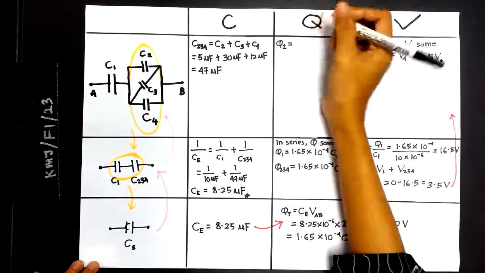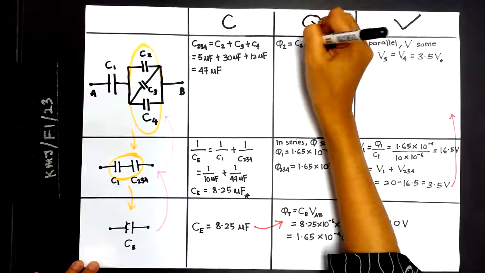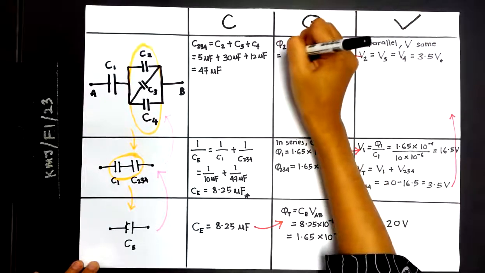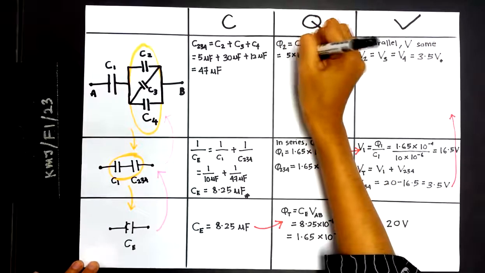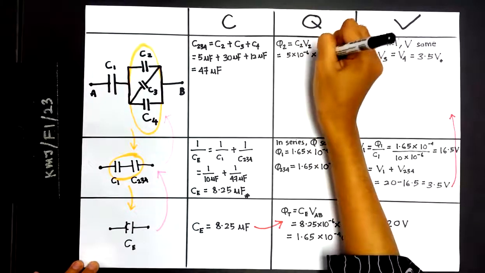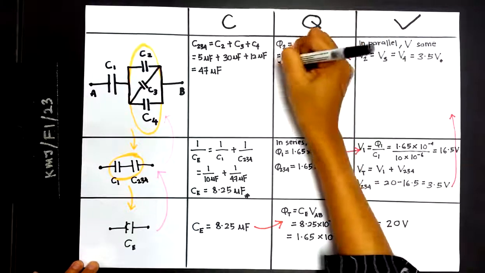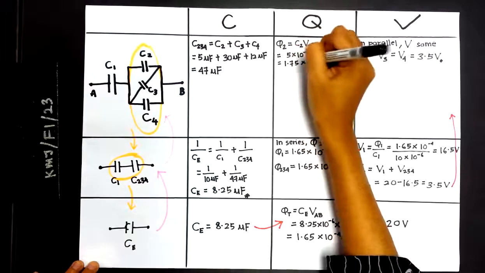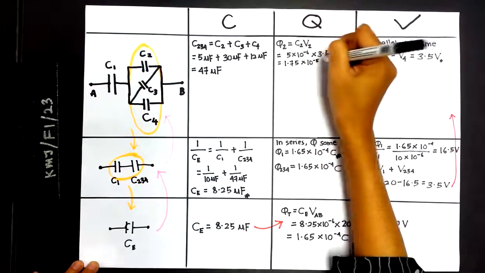So let's start with Q2. To calculate Q2, we use C2 times V2. We do the substitution, and we'll get Q2 is 1.75 times 10 to the power of negative 5 coulomb.